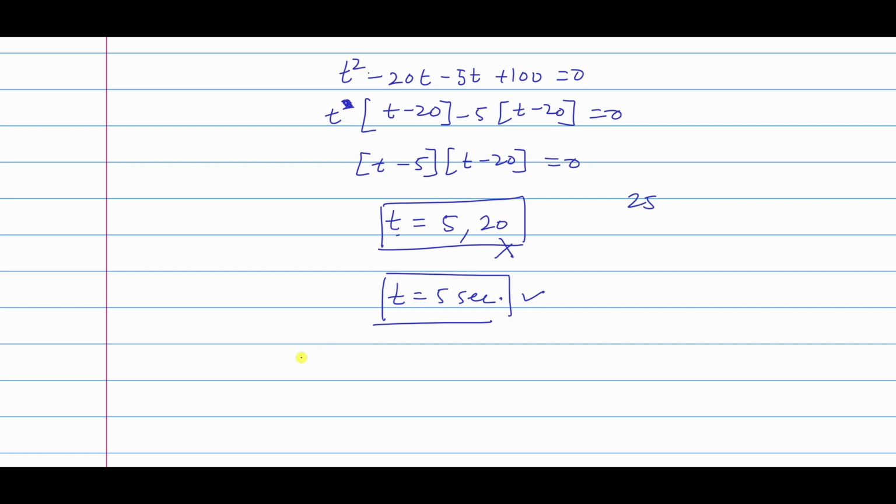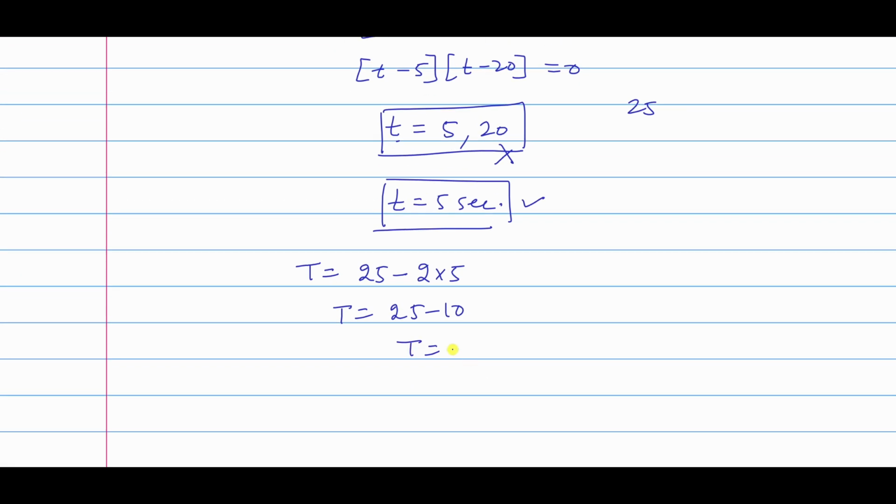So our final time will be equal to 25 minus 2 times the value of t we got, which is 5. So t is equal to 25 minus 10, so t is equal to 15 seconds, which is our answer.